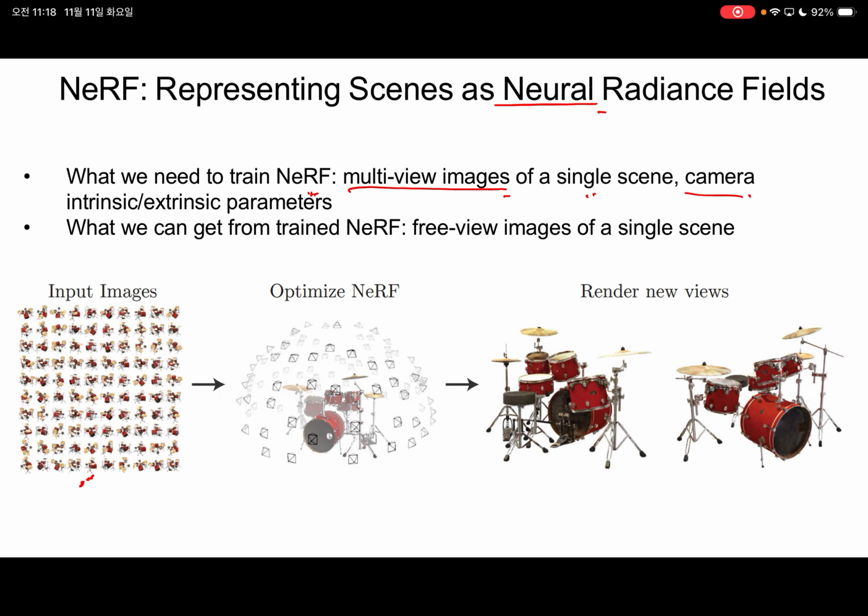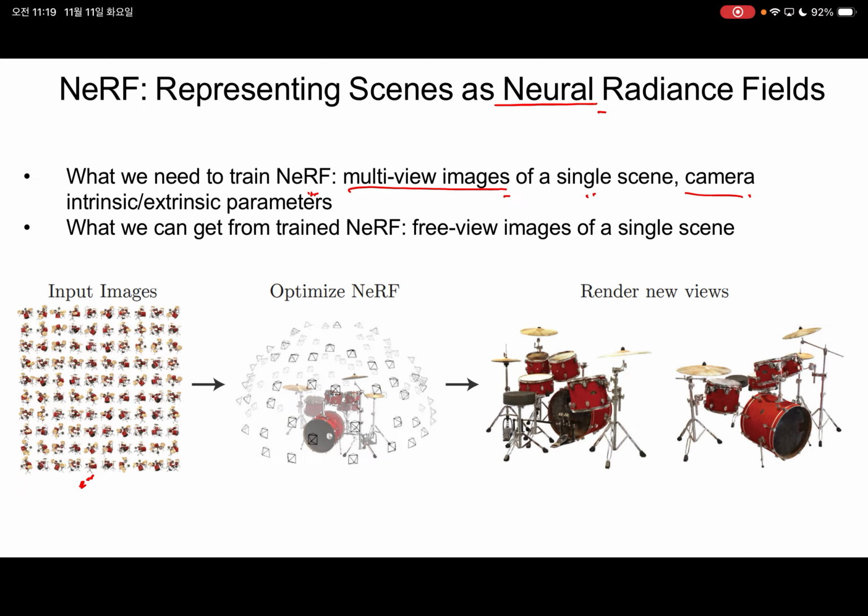And after training NeRF, what can we get? 3D images of a single scene. Let's say we have some 10 or 20 images of an object, and once we optimize NeRF, we can render this object from any viewpoint. That is what we can get from a trained NeRF.